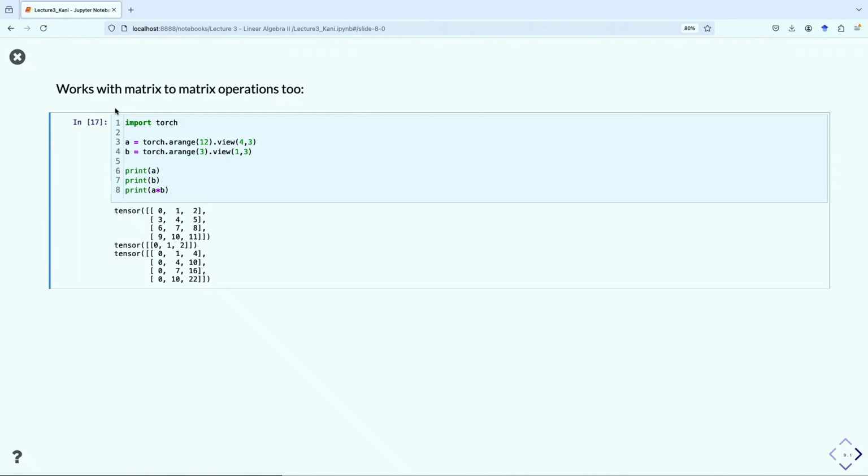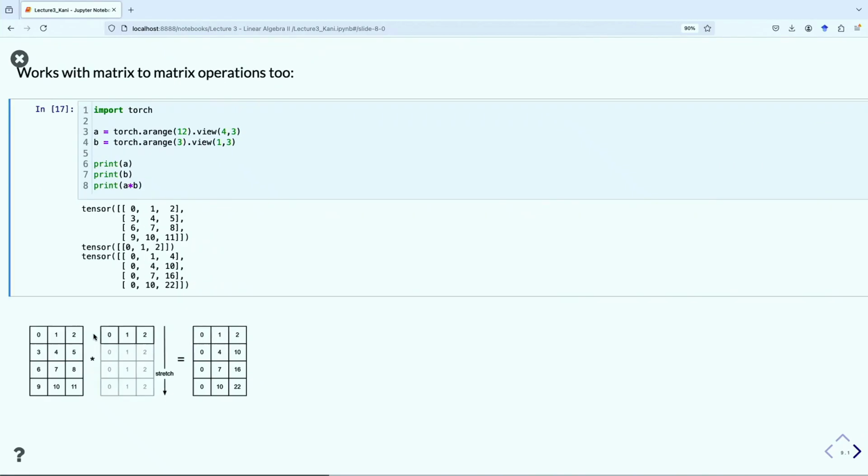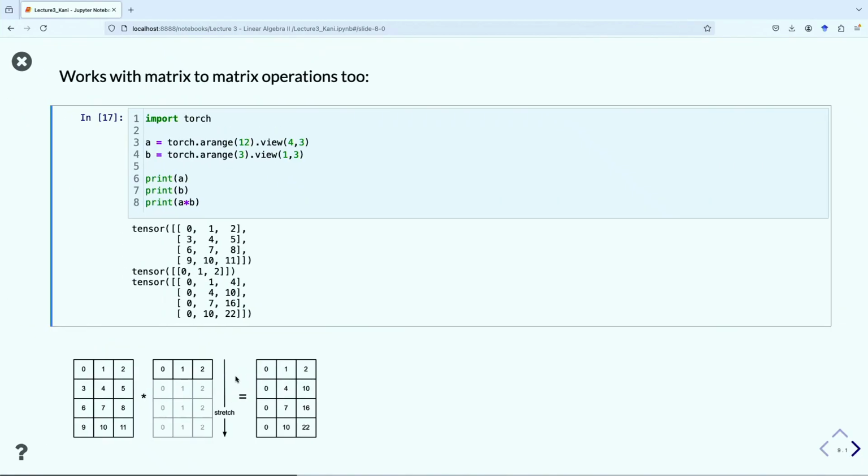So for instance, I defined a matrix that was 4 rows by 3 columns right here. And then I defined another matrix that was only 3 columns, right there. And so what happens in this case? We have this matrix. Can I zoom in? Yes, I can.